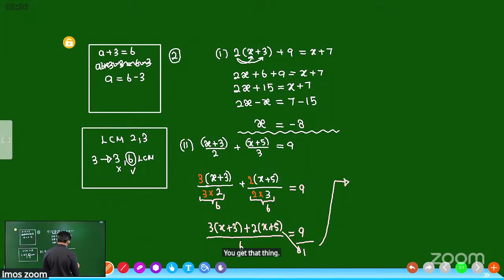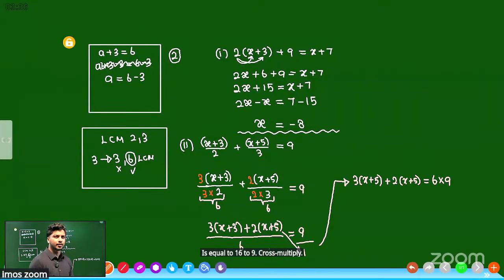So thrice of x plus 3 plus twice of x plus 5 is equal to 6 into 9. Cross multiply. Now remove the brackets.